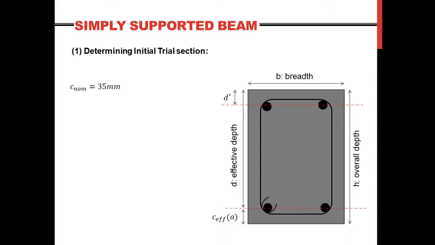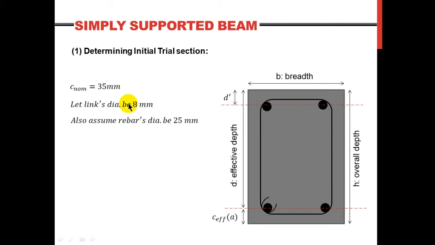Now I'm going to calculate the effective cover to the tension reinforcement, and that is given as A, this letter. And to do so, we'll have to assume something. Now I haven't yet determined the rebar diameters, and I haven't yet determined as well the link's diameter.